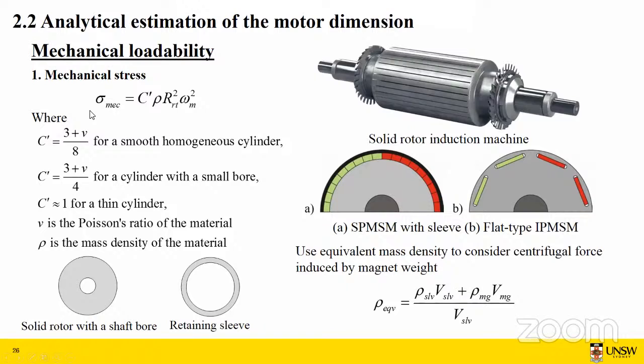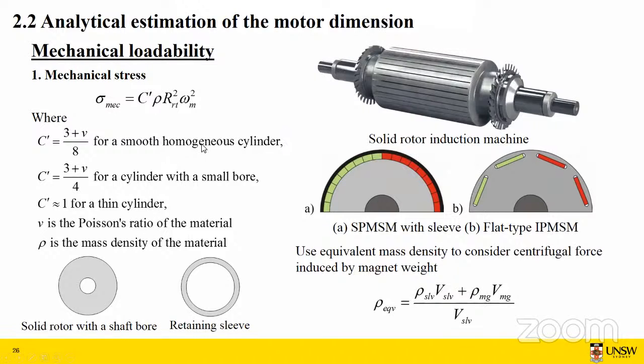The hoop stress in a cylinder or a ring equals C dot times rho, where rho is the mass density of the material, times the radius squared, times the mechanical angular speed in radian per second squared. C dot equals (3 plus V) divided by 8 for a smooth homogeneous cylinder. So this is very clear and straightforward.